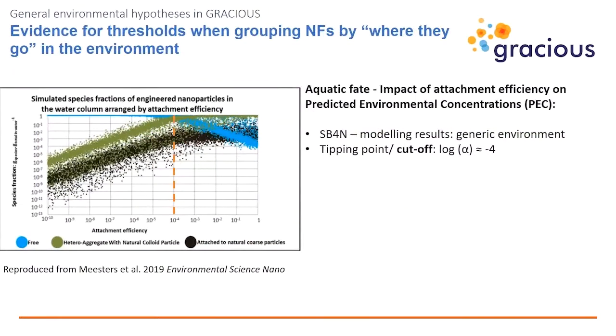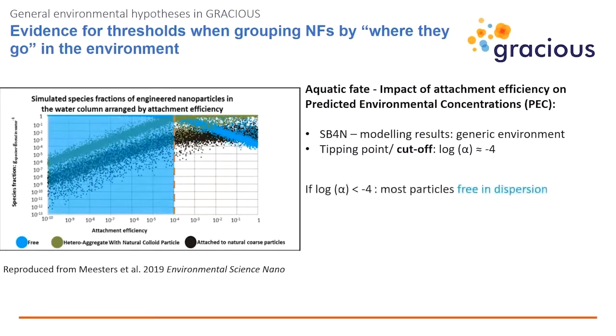Now, to quantify the cutoffs and thresholds that are required for dissolution rate and attachment efficiency in this hypothesis, work by Mesters, published in 2019, did a sensitivity analysis for the SimpleBox for Nano, modeling nanoparticle stability in this generic aquatic environment. And it identified a threshold of around 10 to the minus 4 for attachment efficiency.